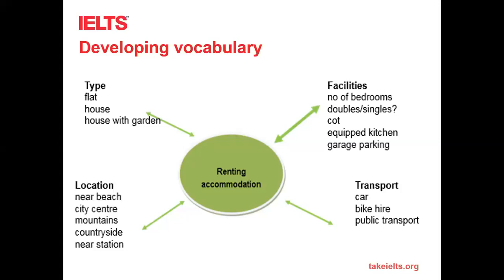Get yourself a vocabulary notebook and make a note of words related to various themes. You can brainstorm your ideas. When you're doing the actual practice, do use your vocabulary notebooks. Take a look at it while you're writing.